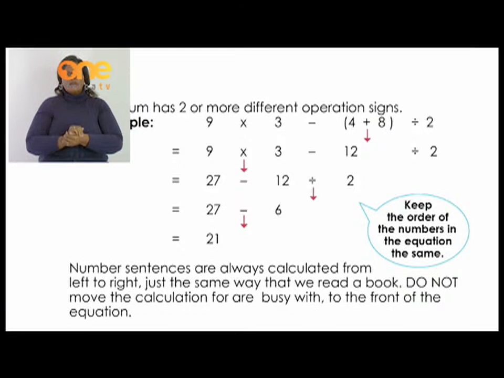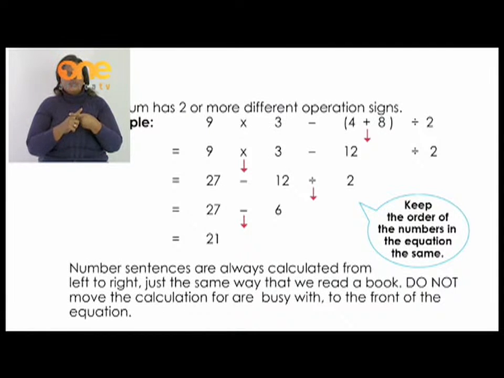According to BODMAS, brackets, of, there is no of in that operation. So we continue, and so it will be division or multiplication. We do it from left to right. The order stays from left to right. So in this sum, the first operation that we will find there is multiplication.